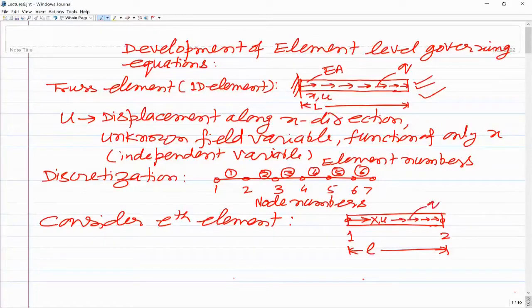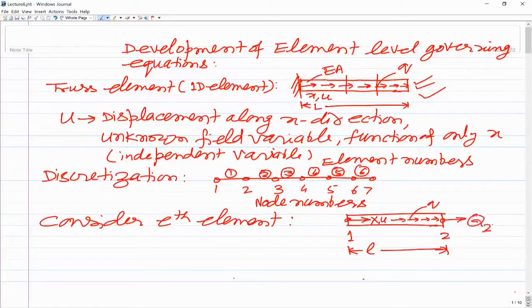Since this element is taken out from this structure somewhere, there are going to be forces exerted by the left and right parts onto this element. These are known as the cross-sectional forces. On the right side, we will have the force, which I am denoting as Q2.